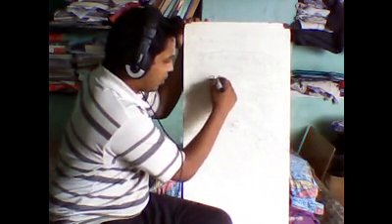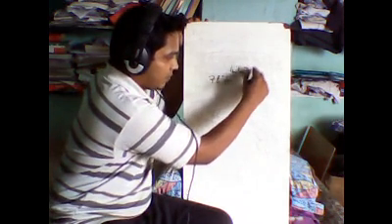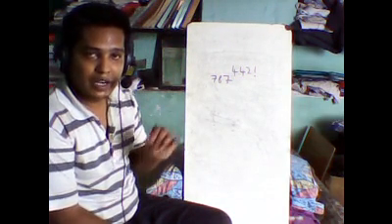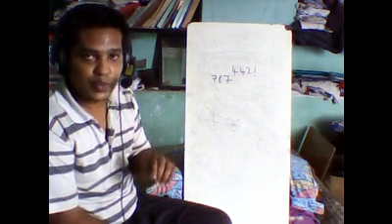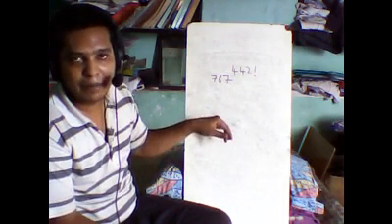The last digit of 787 to the power of 442 factorial. The question is slightly modified. It says, what is the remainder when 787 to the power of 442 factorial is divided by 10?